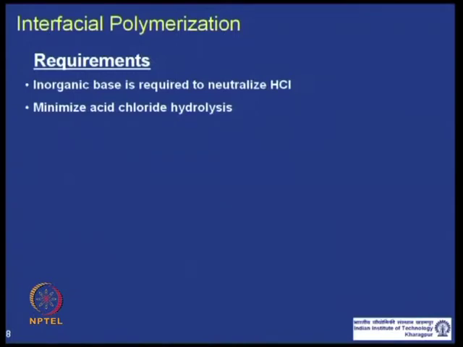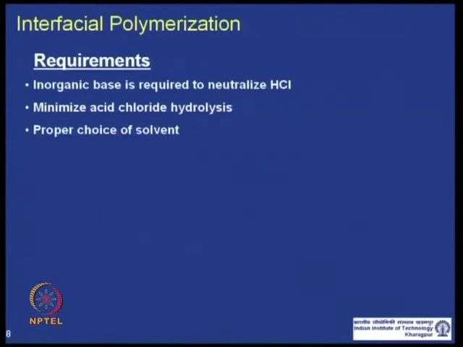The other thing is that you should minimize the acid chloride hydrolysis, because if it is hydrolyzed to form the simple carboxylic acid, then the reactivity will come down, the reaction rate will be much lower and it will not take place at the temperature we are working at.